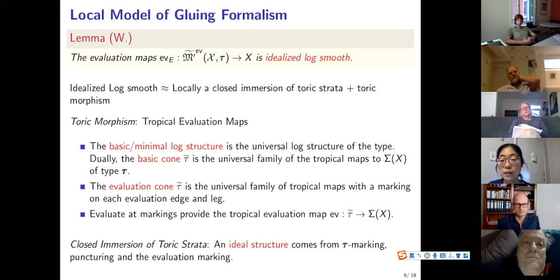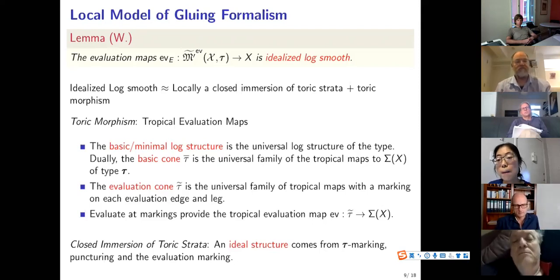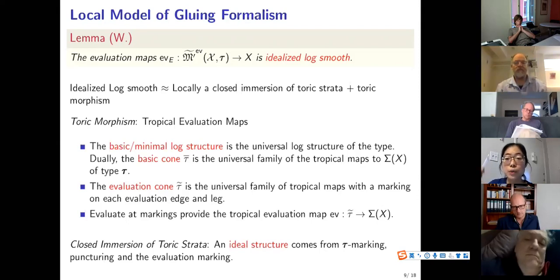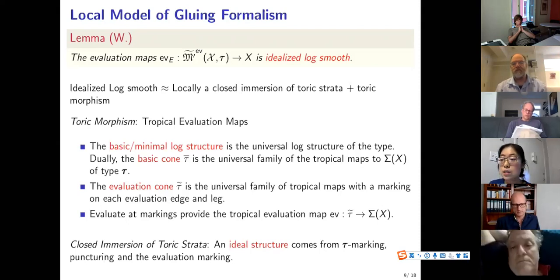Remember we did a modification of our log structure: we are no longer using the basic log structure, but the evaluation log structure, which has the same spirit, in that the dual cone of this is the universal family of tropical maps with a marking on each of the evaluation edges and legs. The tropical evaluation map over there is simply that we evaluate at the markings that we added.